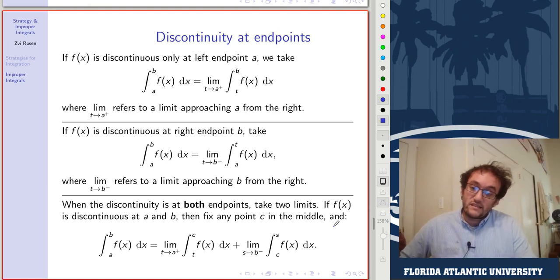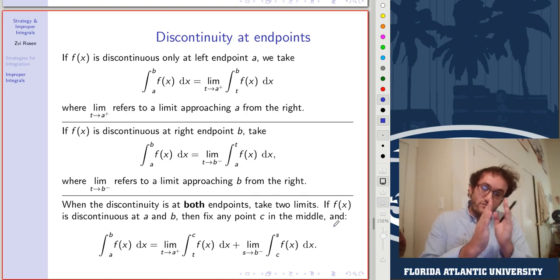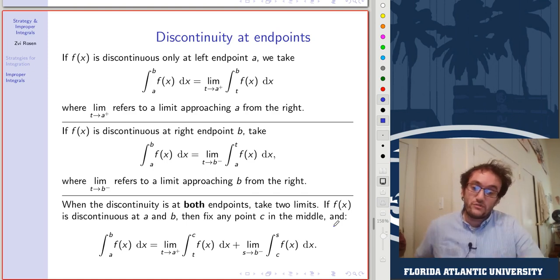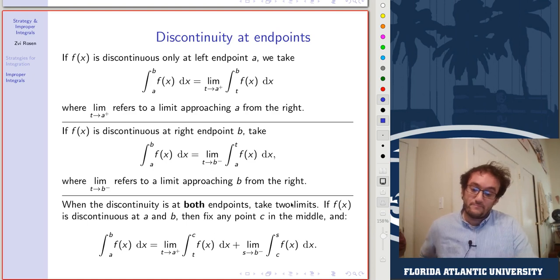Similarly, if f of x is discontinuous at the right endpoint b, you take the integral from a to b to be the limit as t approaches b from the left of the integral from a to t of f of x dx. Okay? And it's the same idea. You're moving the t closer to b and watching what happens to the integral as you do that.